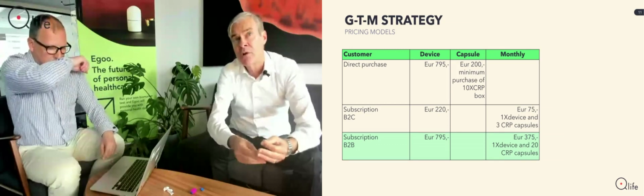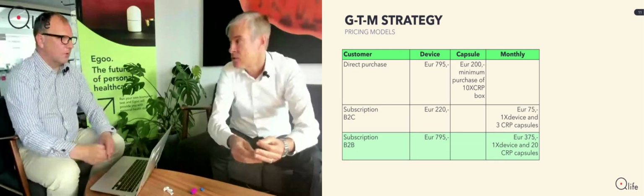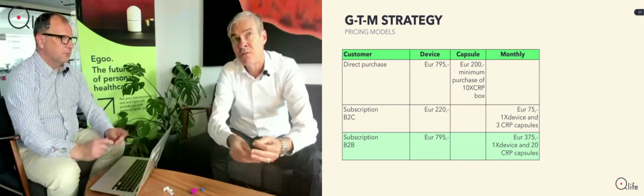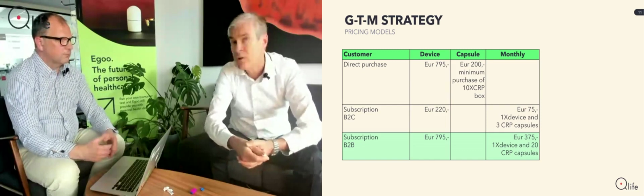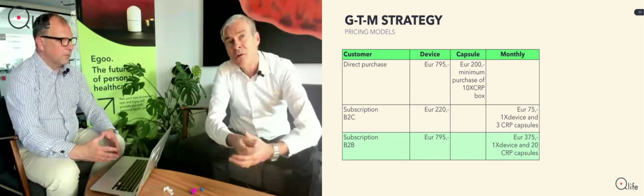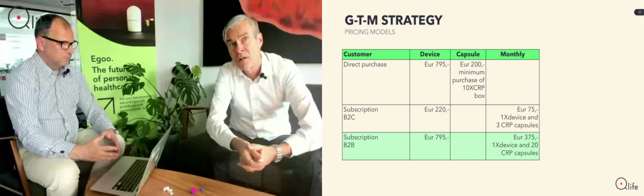Otherwise, we charge you the price. If you cancel, we charge you the difference between €795 and €220. But if you keep it longer than 1 year, we don't. So that's the inexpensive way of getting started.